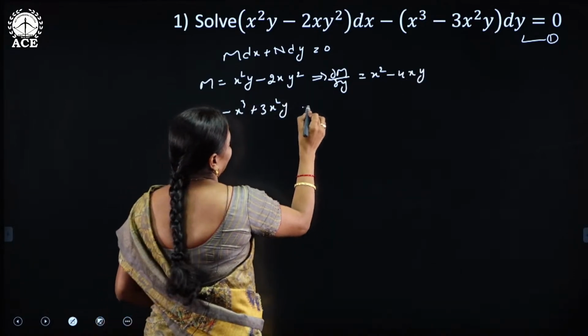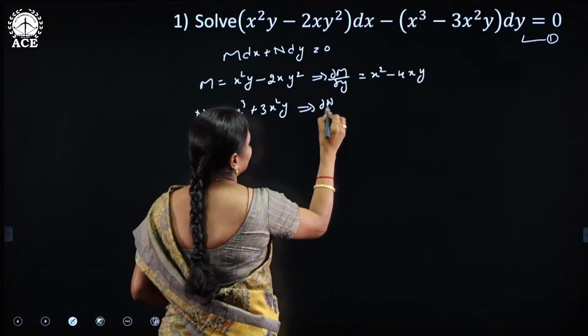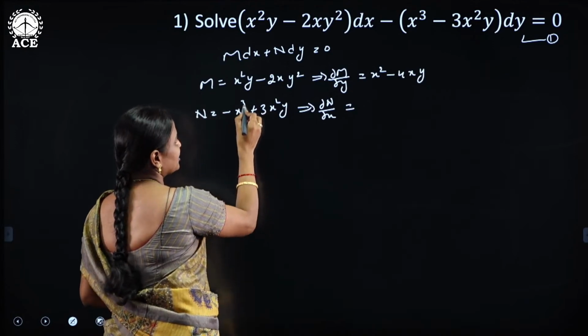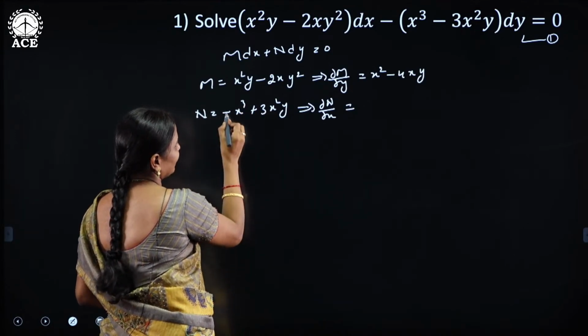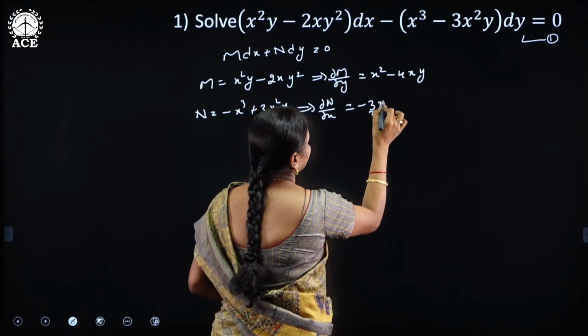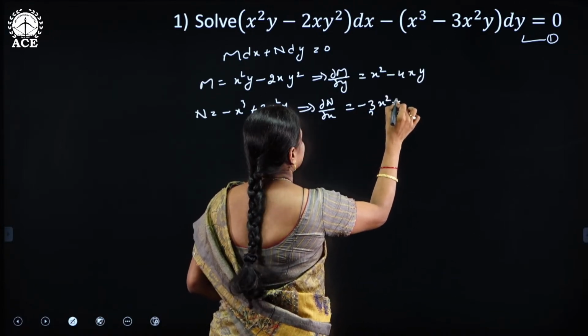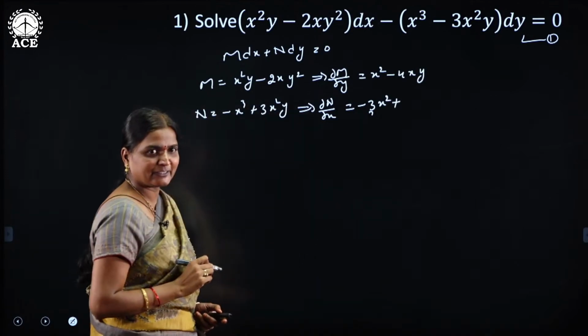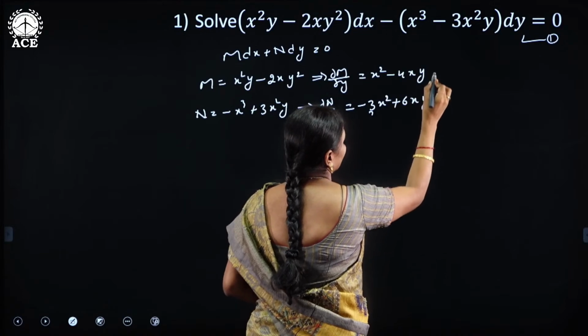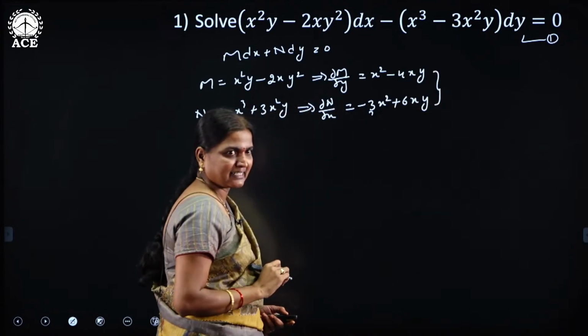Next, differentiate N partially with respect to x. Dou N by dou x: differentiation of x cube is 3x square, here we have minus, that is minus 3x square, plus differentiation of x square is 2x, 2 times 3 is 6xy. So from these two, what is the conclusion?